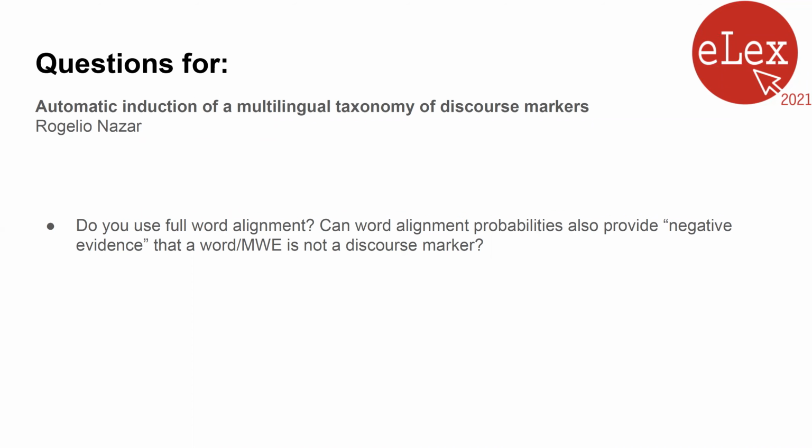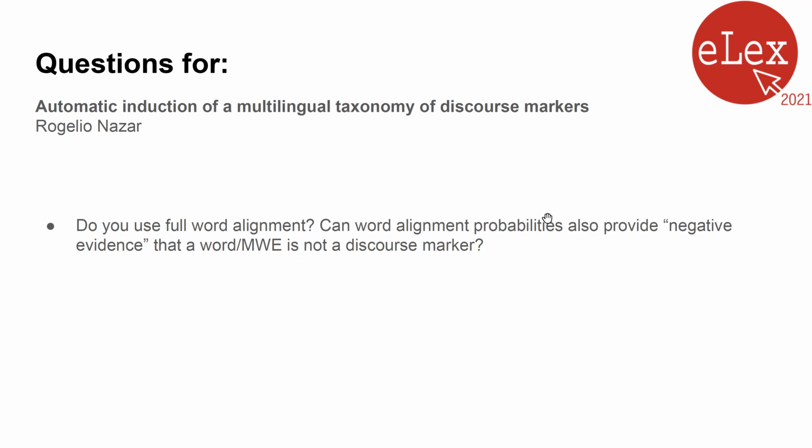I don't see any questions in the chat yet. But I have one question of clarification maybe. So already in the monolingual step first, you already include multi-word expressions. They do not come about through the alignments.